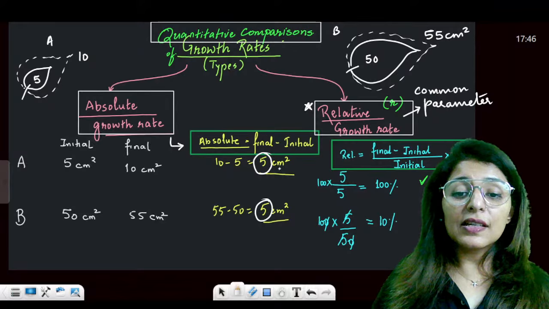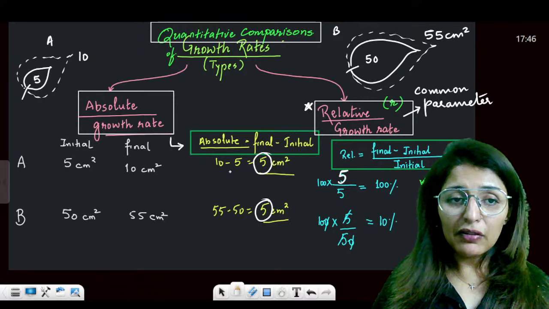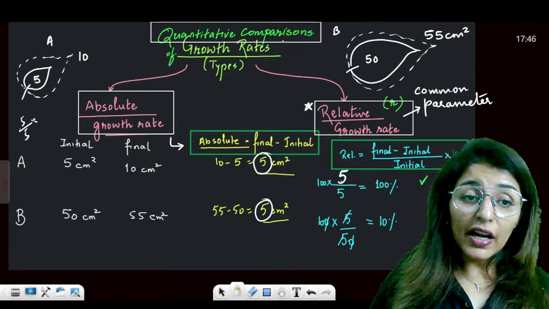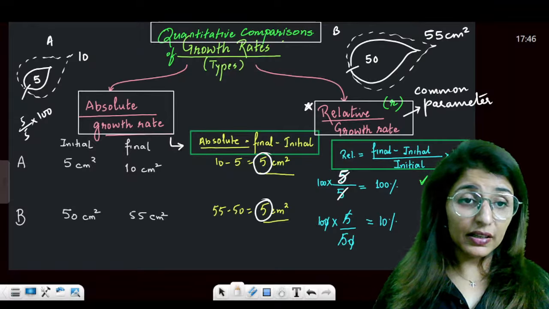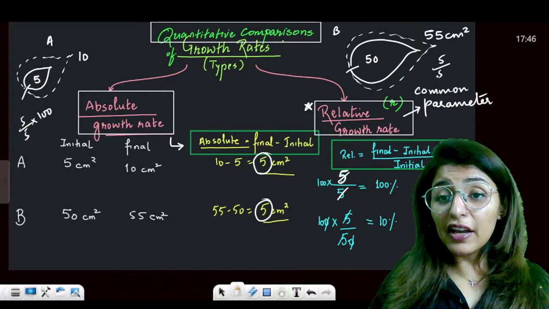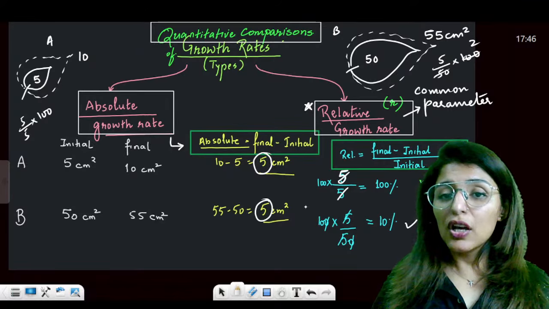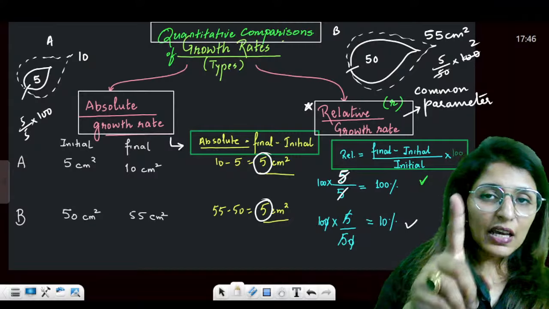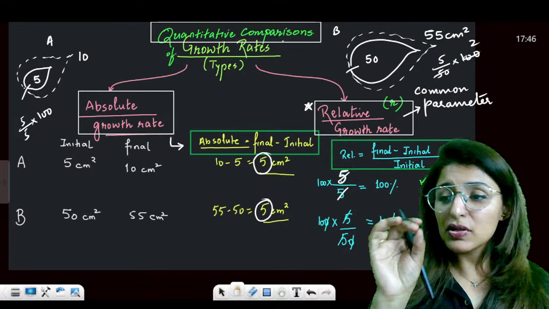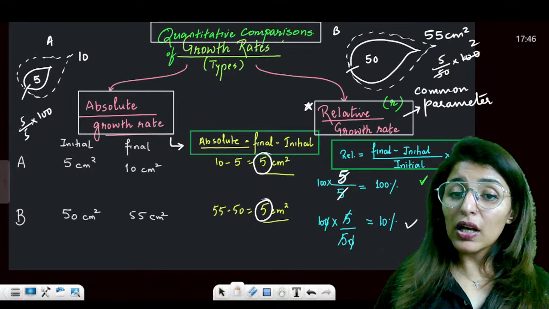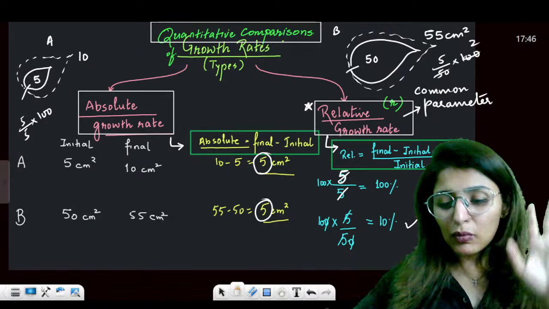Final minus initial is the same, 5, for both cases. For leaf A, 5 upon 5 into 100 is a 100% increase. For leaf B, 5 upon 50 into 100 is just 10%. So absolute growth rate is the same, but relative growth rate is different for both leaves. Do you understand the difference? The formulas are very, very important. The values might be different in the exam, but the formula remains the same.